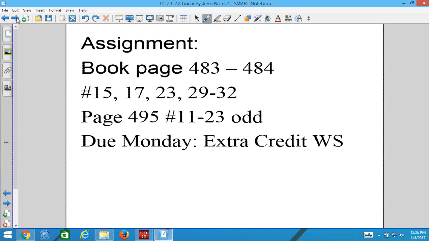If you know you're not going to do that extra credit, if you just want to hand it in and not waste paper, totally fine. It's extra. You don't have to. If you want to check out a book, you can.